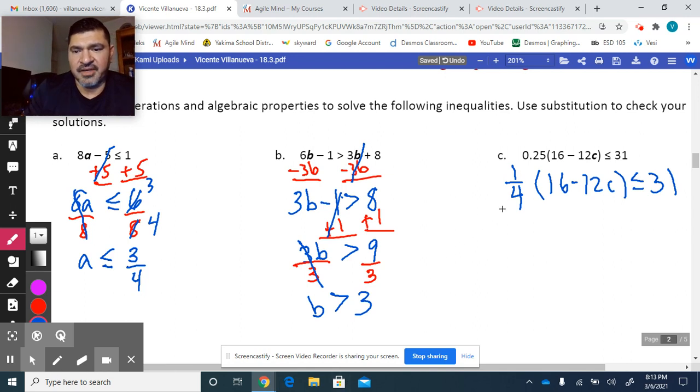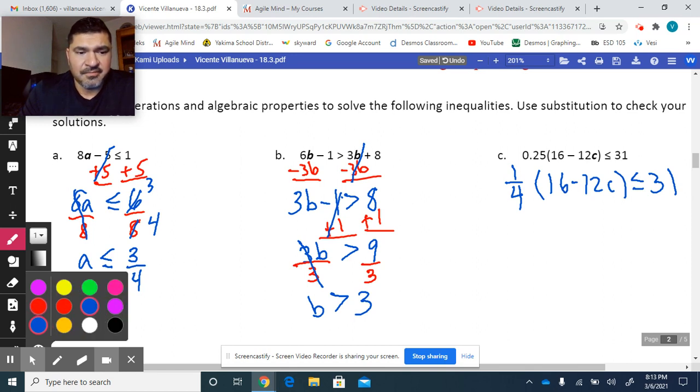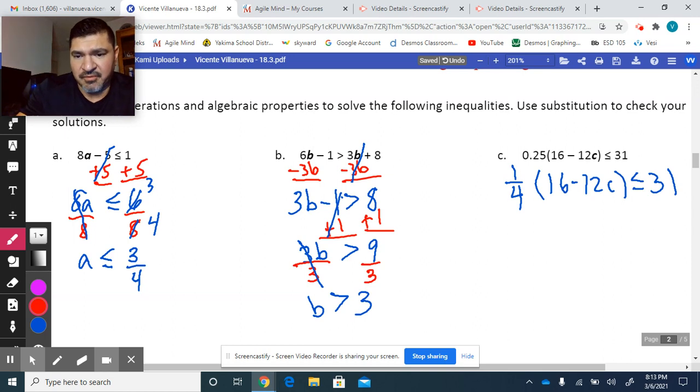Okay, now 1 divided by 4. How do I get rid of that? How do I get rid of 1 divided by 4? Well, I need to multiply by 4. Okay, so I'm going to write over here, multiply by 4. Okay, 4 over 1, that is 4. And I'm going to do the same thing over here, multiply by 4.